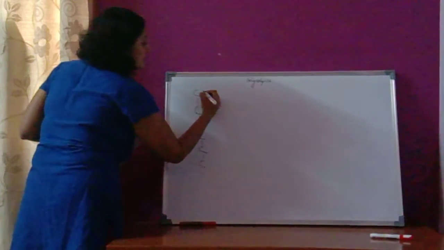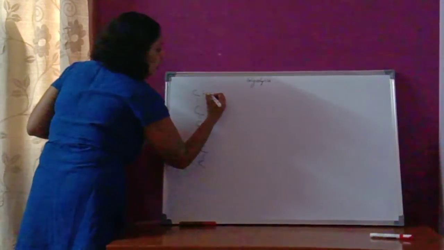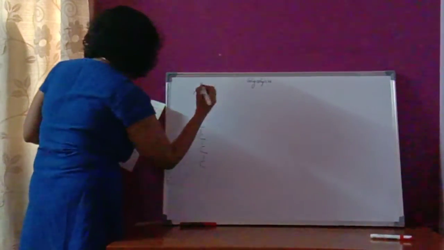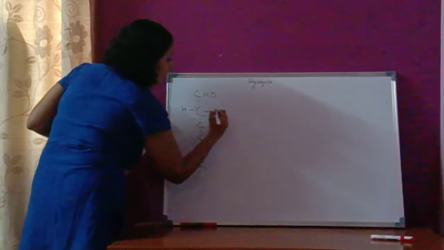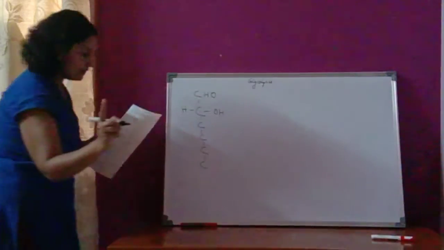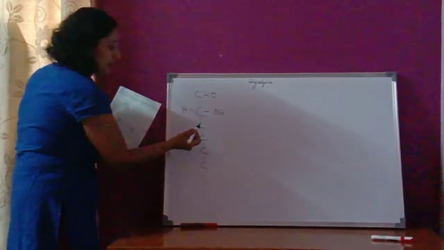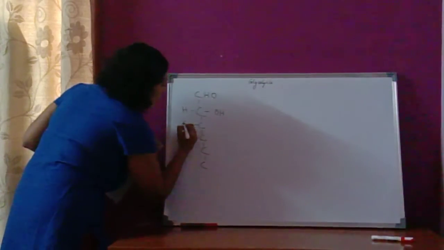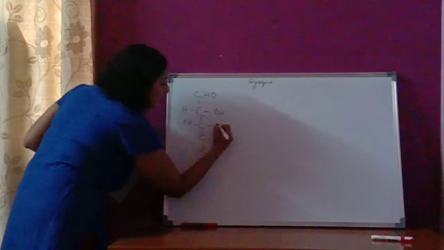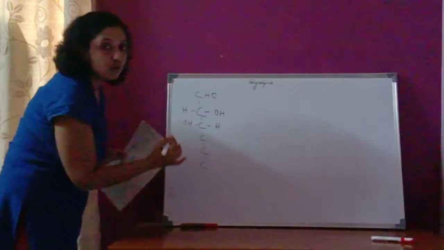The first one is CHO. The second one is CHOH. You have to always remember, in the third carbon atom there is OH. So I am writing the glucose structure.